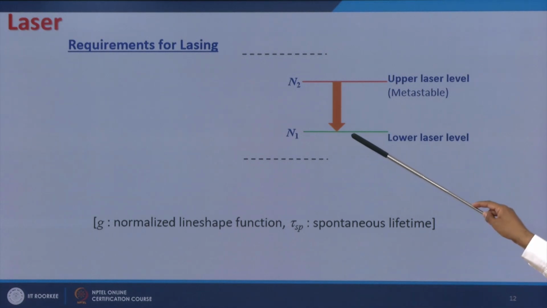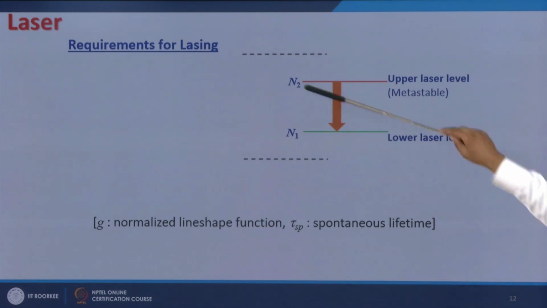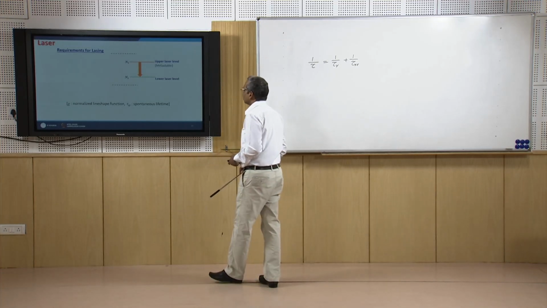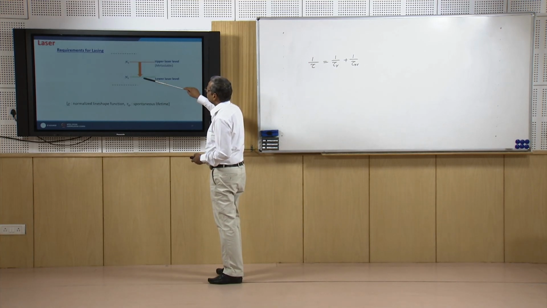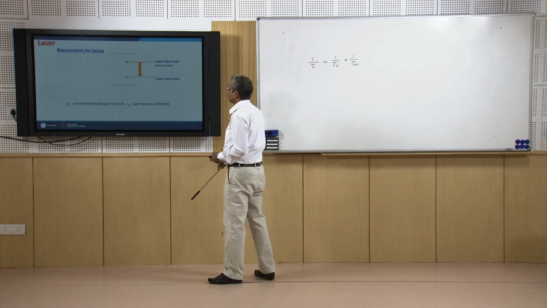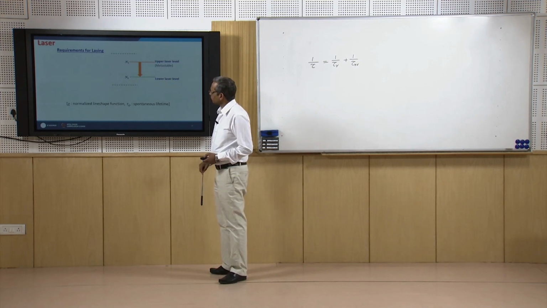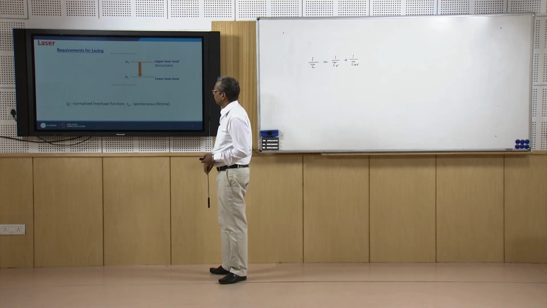This is the lower laser level, this is the upper laser level. There might be some other levels also, but I am only interested in the lower and upper laser levels. The upper laser level is a metastable level, so that I can have stimulated emission.